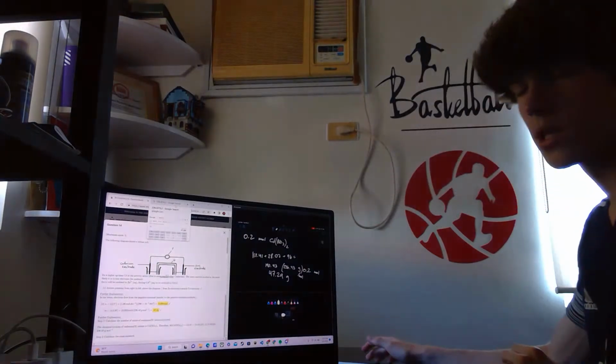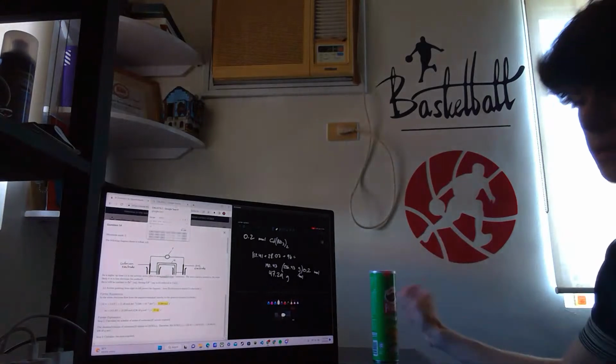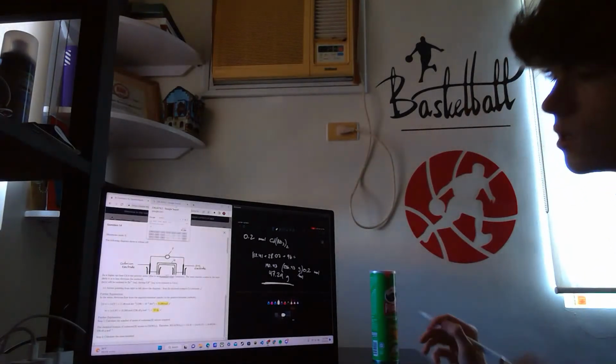So it's molar mass multiplied by the amount of moles that we have, and we're going to find the mass, which is 47.29.